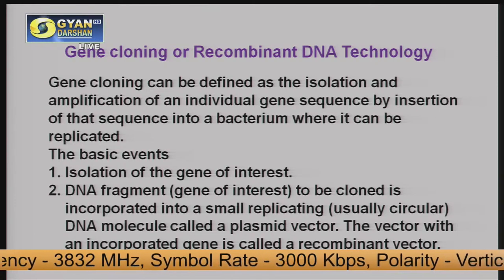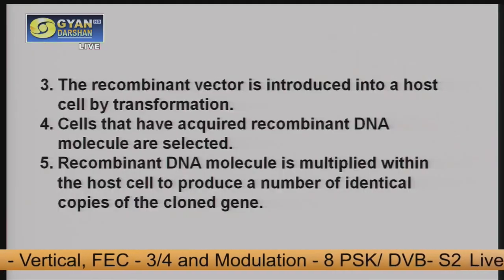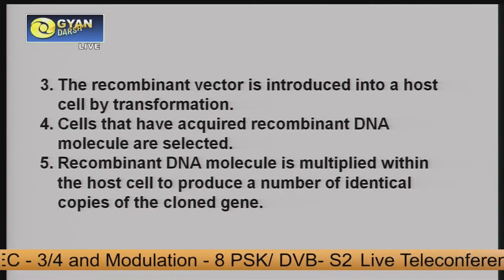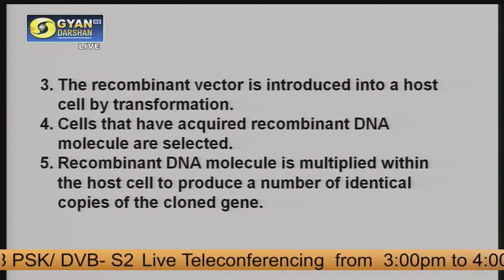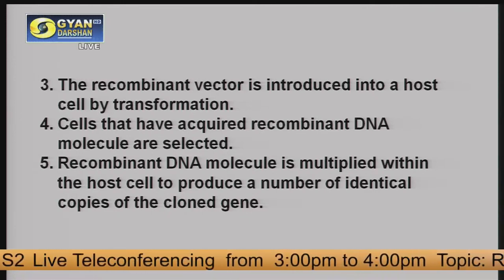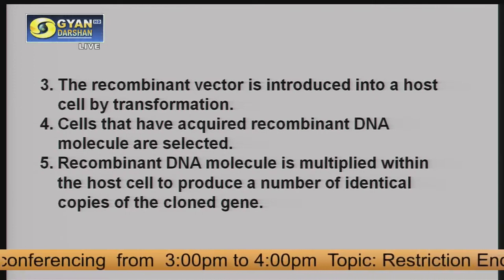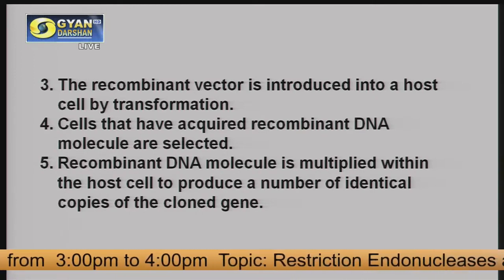That means whenever the gene of interest is introduced into that vector, you call it a recombinant vector. Then the third step is the recombinant vector is introduced into a host cell by transformation. I will talk on this technique also. Cells that have acquired the recombinant DNA molecule are selected, and the recombinant DNA molecule is then multiplied.